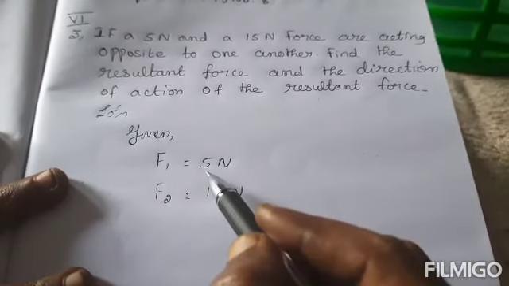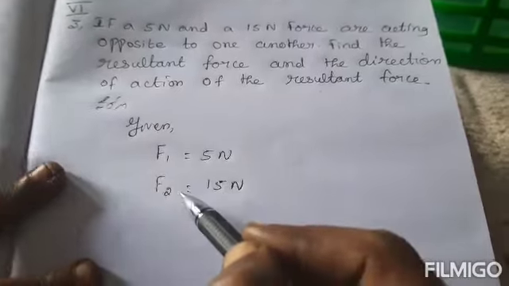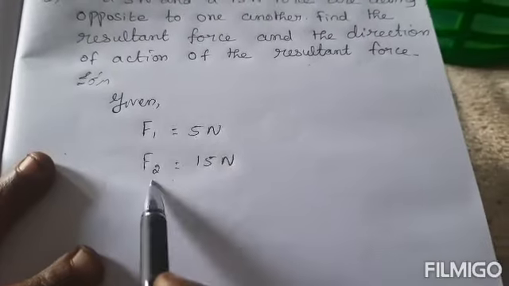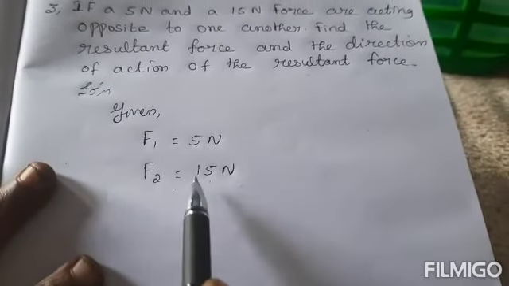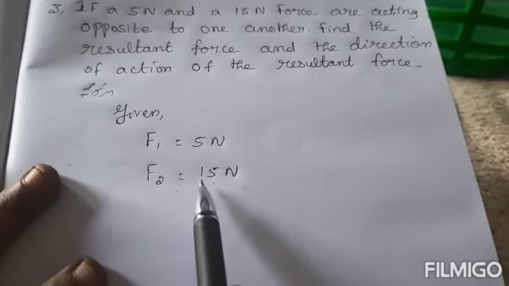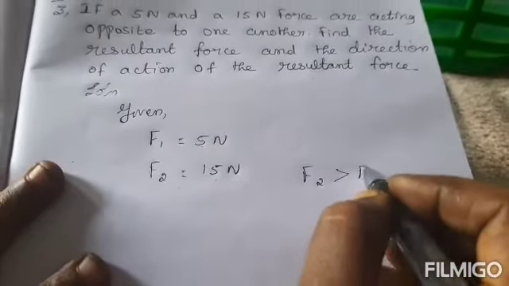First force you take as F1, second force you take as F2. Now look at this, F1 is 5 Newton, F2 is 50 Newton. Which force is greater, F1 or F2? F2 is greater, no? So here F2 is greater than F1.